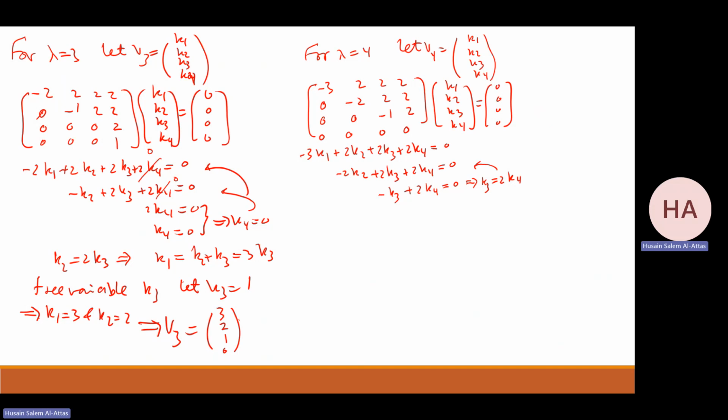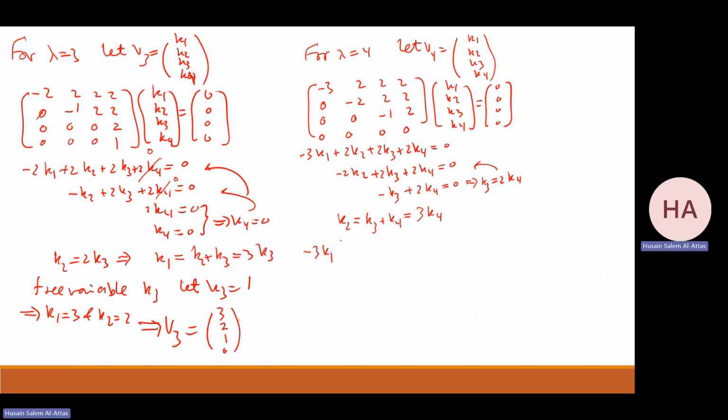Now I can divide by 2. So I have k2 will be equal what? k3 plus k4. And that equal what? K3 is 2k4, that will be 3k4. Now I plug it in the first one, I have minus 3k1, 2k2.